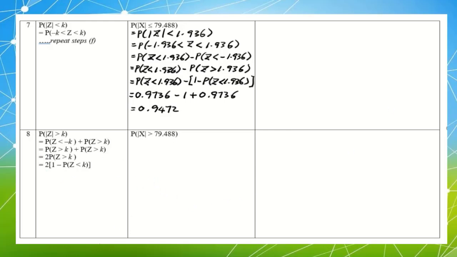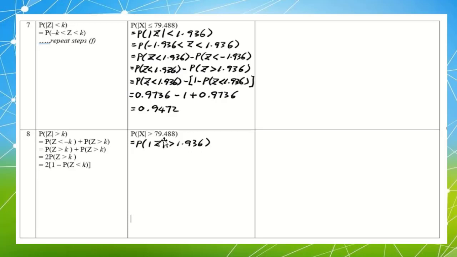Now we go to example number 8, where I want to find the probability of modulus x greater than 79.488. Same thing, I change x into z. I get modulus z is greater than 1.936.